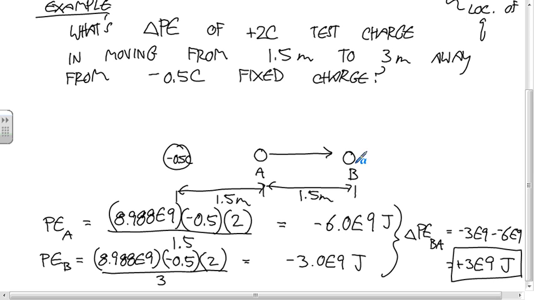So think about gravity, like the equivalent would be taking an object and lifting it higher. Does the potential energy go up or down? Up, because potential energy is mgh, okay?